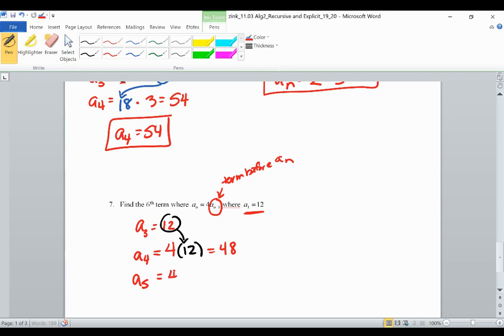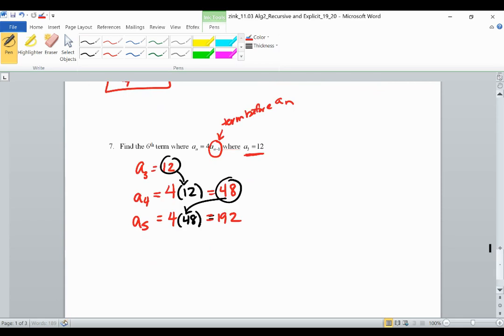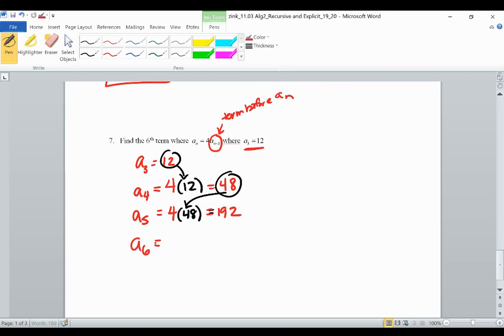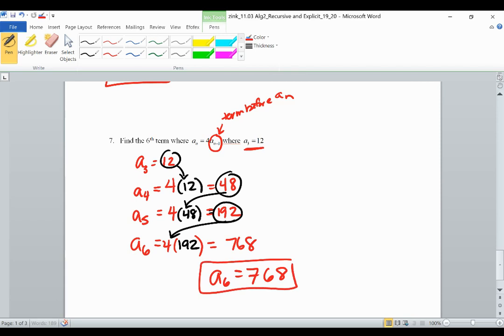I take 4 times the term that came before it, 48, which gives me 192. Then I'm going to find a sub 6. The term that came before a sub 6 was the one I just found, 192, and I multiply that by 4. That gives me 768. So the 6th term would be 768.